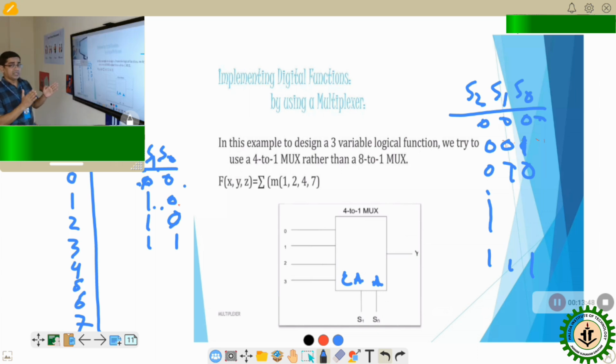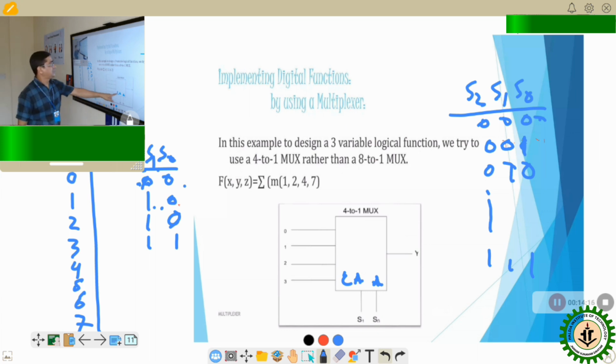One of the inputs, the select input C, will go to the data input, either as is or complemented, so we are forming an 8:1 multiplexer into a 4:1 multiplexer. In 8:1 the data inputs are 8, and that will be converted into 4. So we take the function 1, 2, 4, 7 in terms of the C variable.